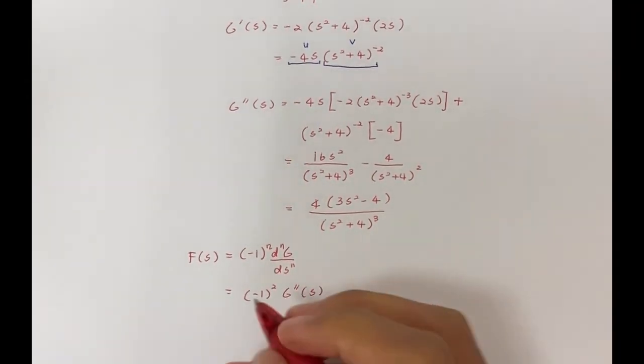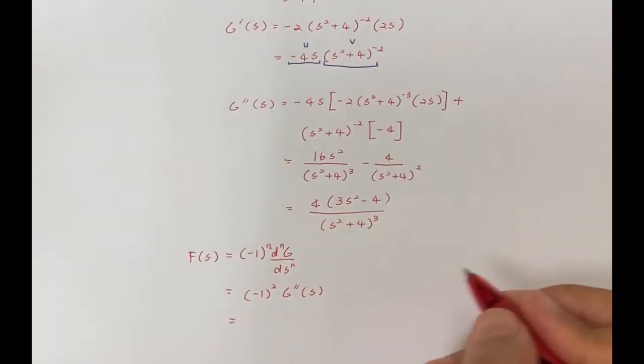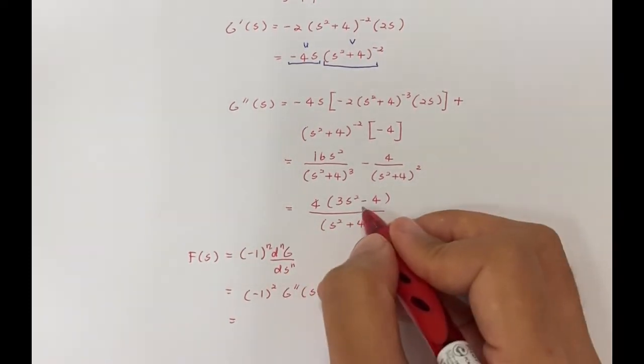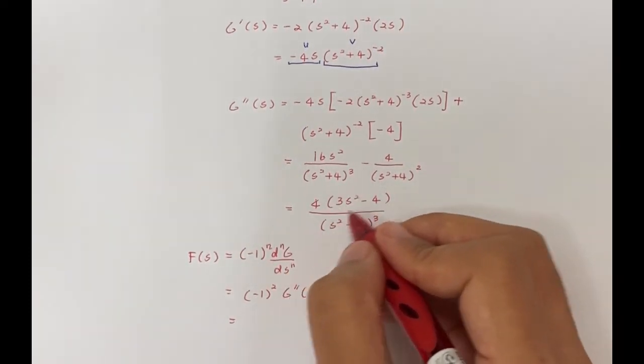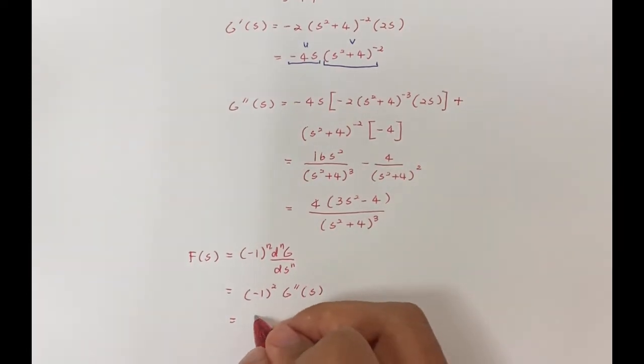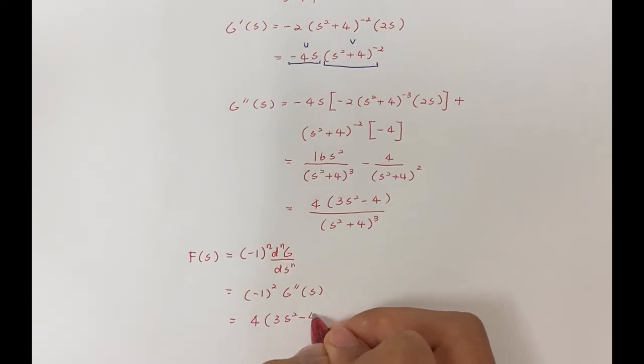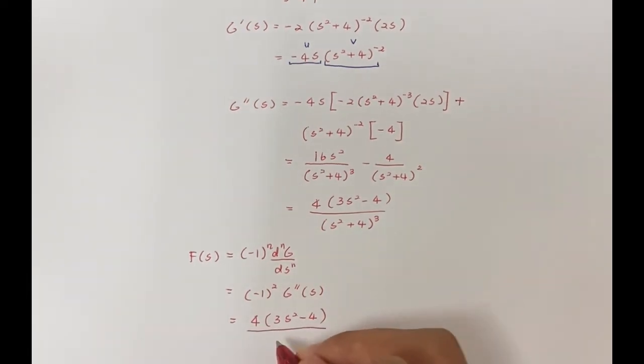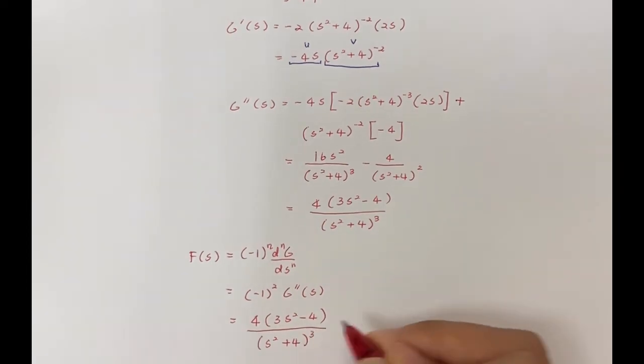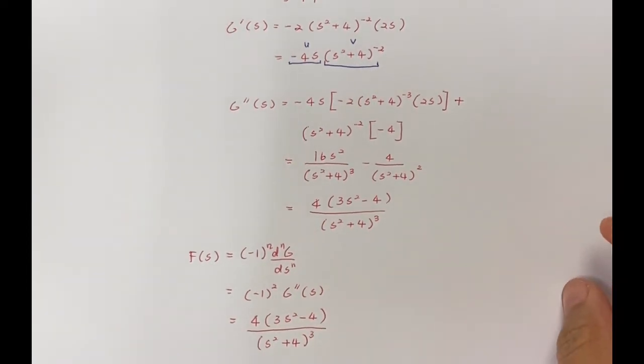Negative 1 squared is equal to 1, so we just have a positive sign, and then rewrite your G double prime: 3s squared minus 4 divided by (s squared plus 4) cubed. And this is the last answer.